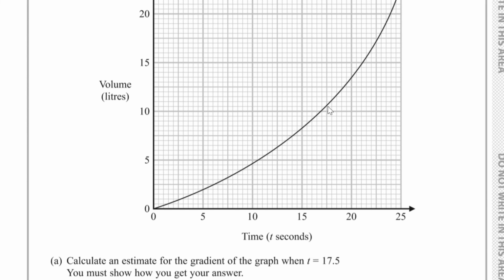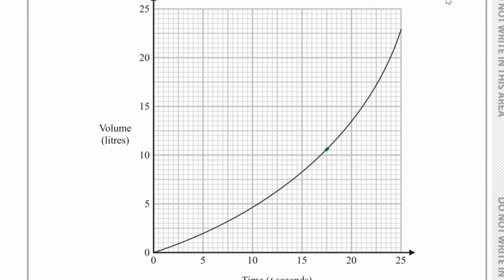And so what we need to do is calculate the gradient of the tangent at this point. So we need to draw a tangent. So here is our tangent, and we need to calculate the gradient of this tangent.